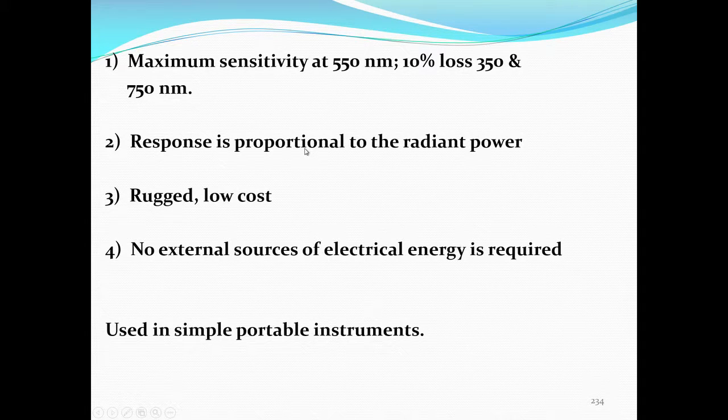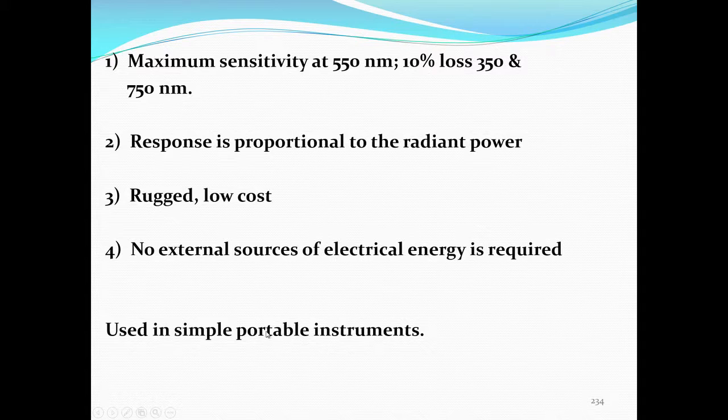So, response is proportional to the radiant power, that is understood, and it is rugged and very low cost. You can probably buy it in your town itself, a barrier layer cell, if you go to an electronic shop and then use it in your equipment. This does not require any source of external energy. That means you do not have to supply any power for the material to function.